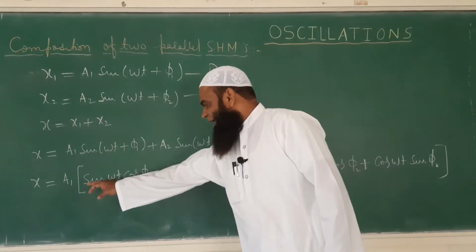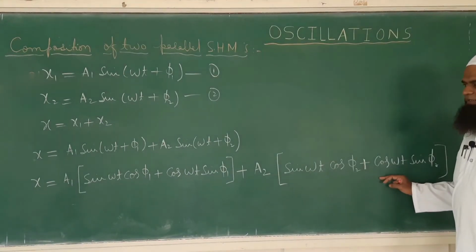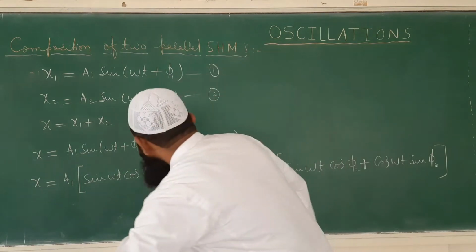Now, we will multiply A1 to this bracket and A2 to this bracket. So, I will write it here.